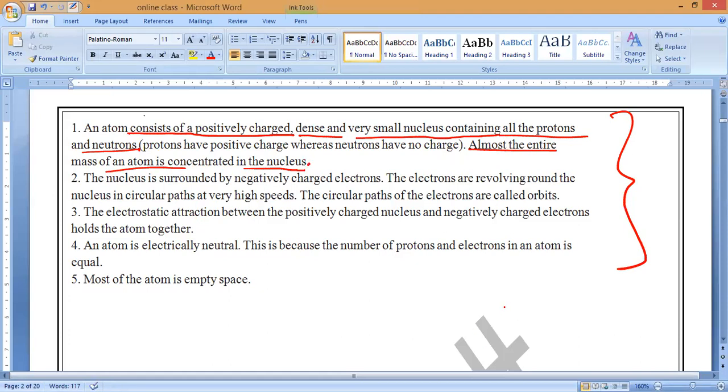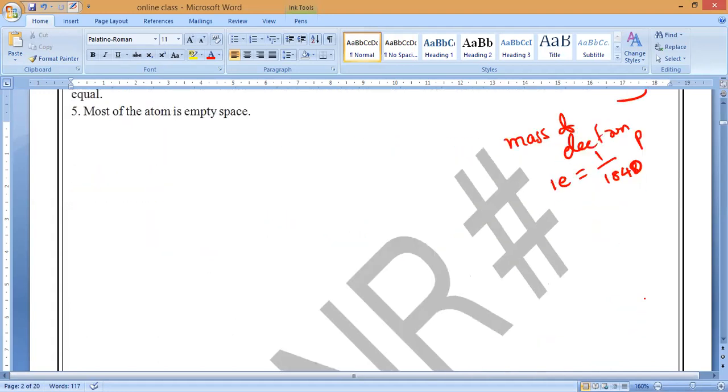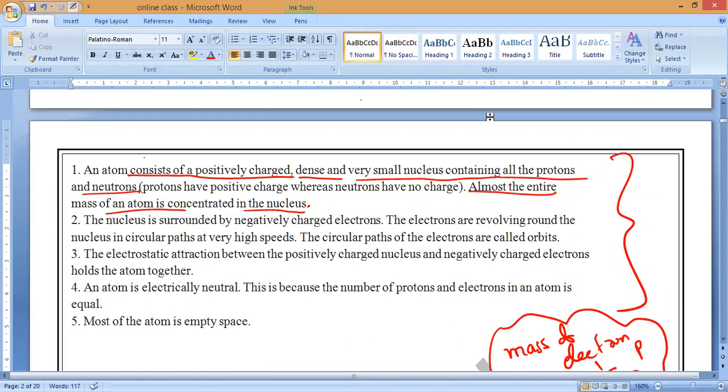Because we know that the mass of an electron is negligible. The mass of one electron is 1/1840 times the mass of a proton. So the mass of the electron is negligible, and the entire mass of the atom is concentrated in the nucleus.